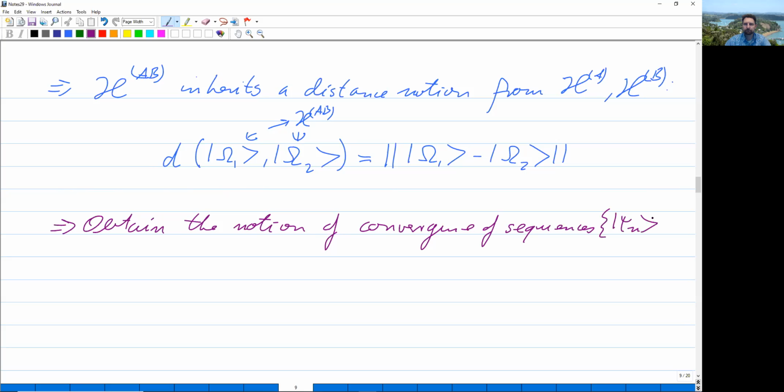So then we know what it means that a sequence of vectors psi n is converging towards a vector psi.